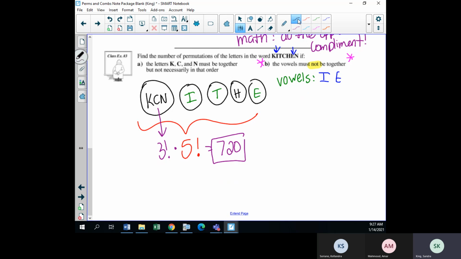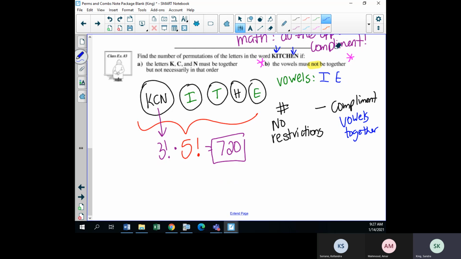Now, when we're doing math with the complement, how we do this is as follows. You find the number with no restrictions, and you subtract the complement. In this case, the complement was vowels together. So if I say the vowels cannot be together, you're going to put them together.